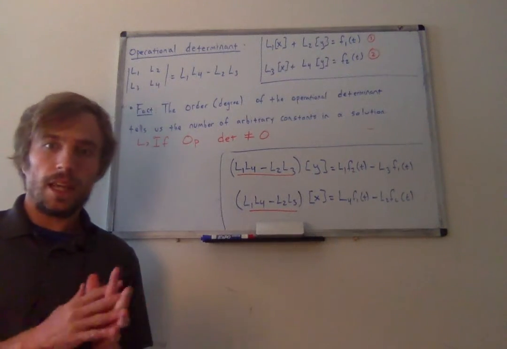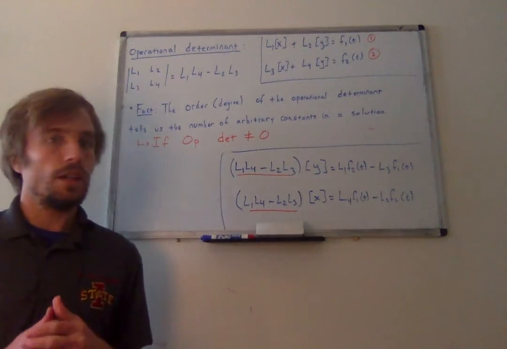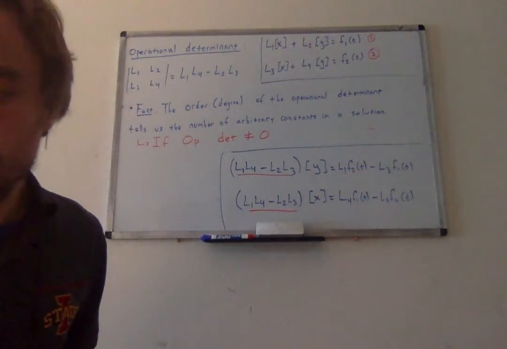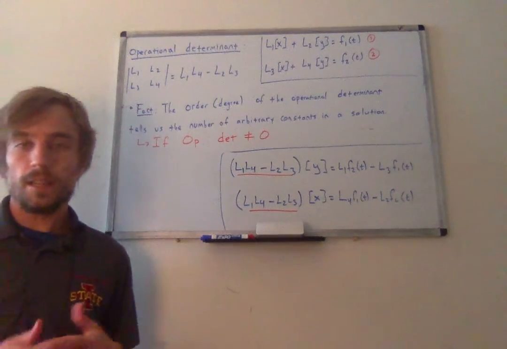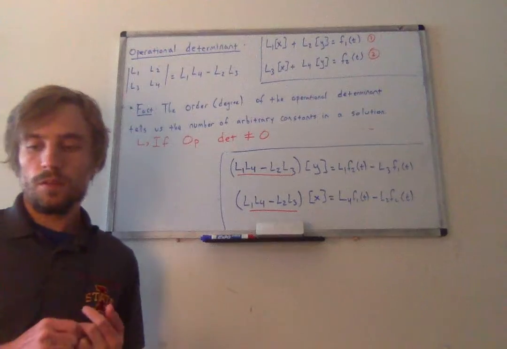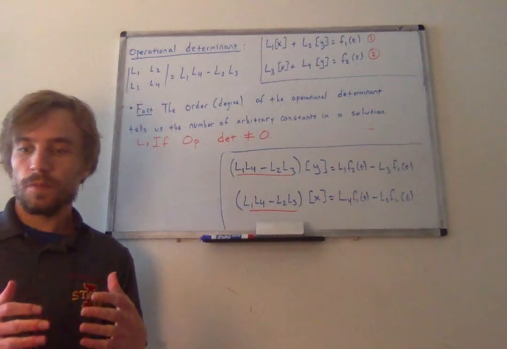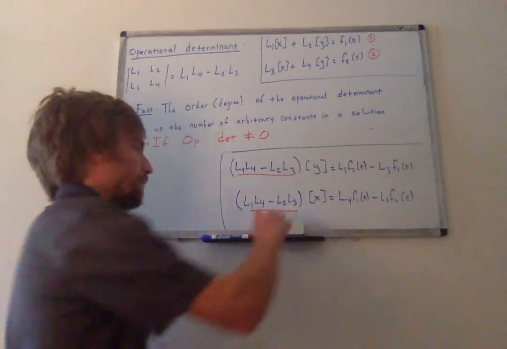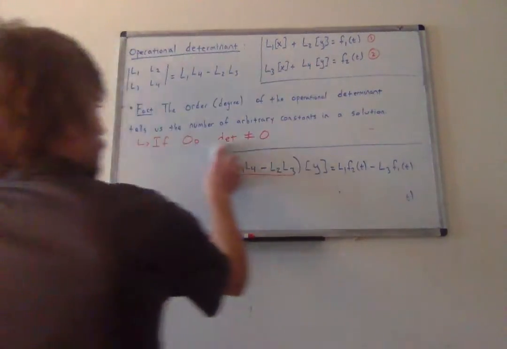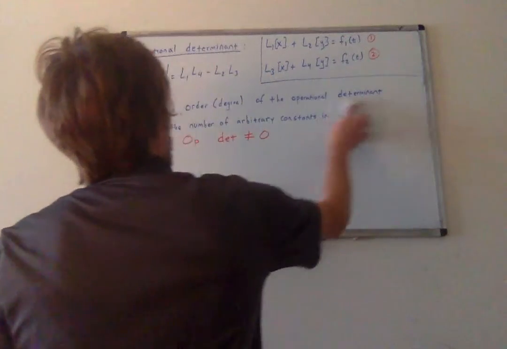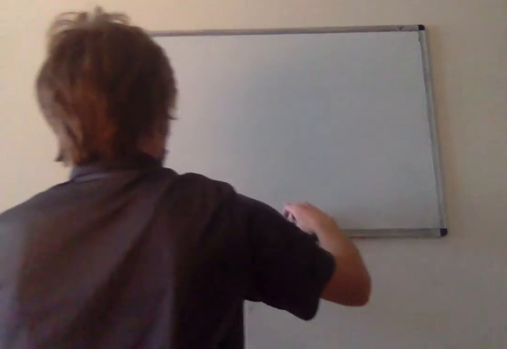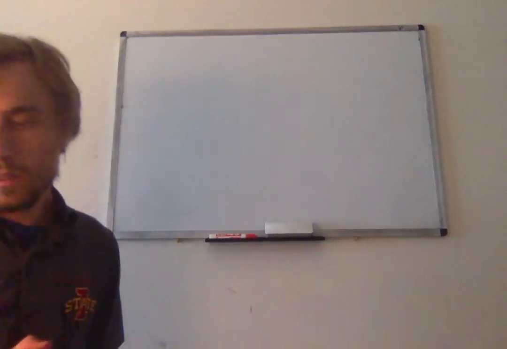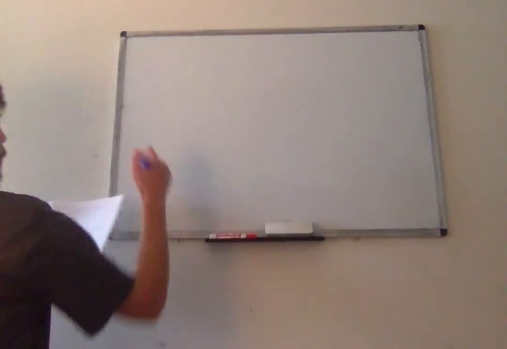So I want to end this by going over one more example that is related to a previous homework problem. This was homework 9, question 10. I just want to quickly review one more example of how we'd use this on a system that maybe has a little more going on. All right, so we're given the following system.